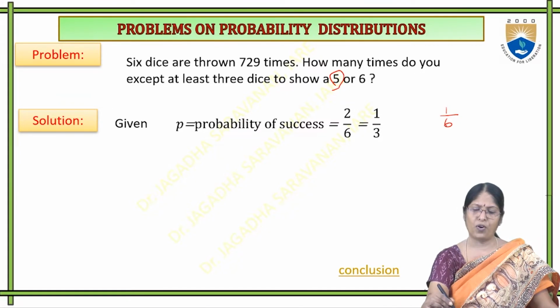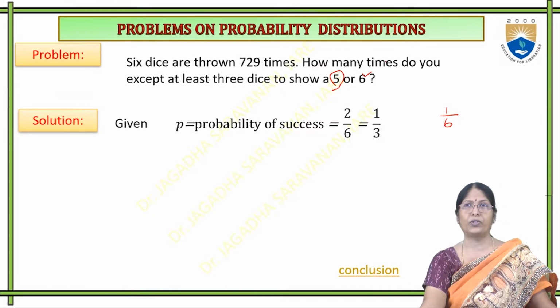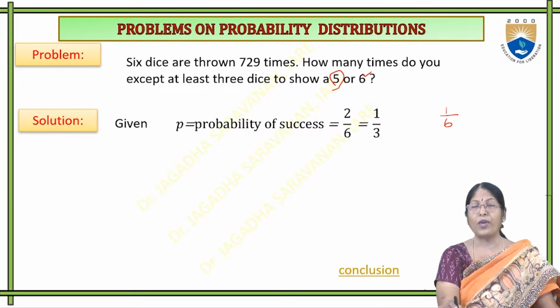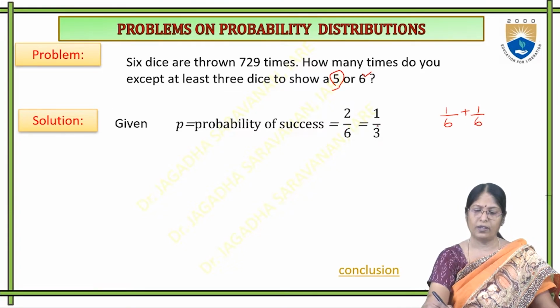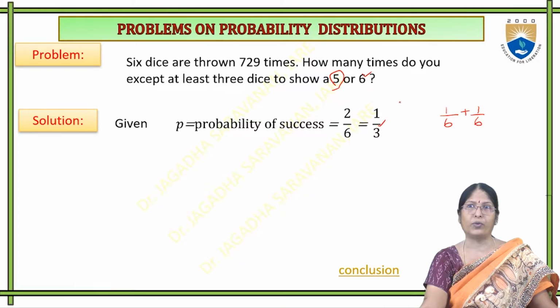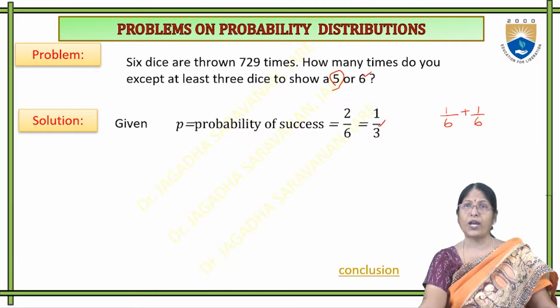The same holds for 6, giving 1 by 6. Ours is 5 or 6, so 1 by 6 plus 1 by 6 is 2 by 6, which equals 1 by 3. So we obtained P, the probability of success, as 1 by 3.